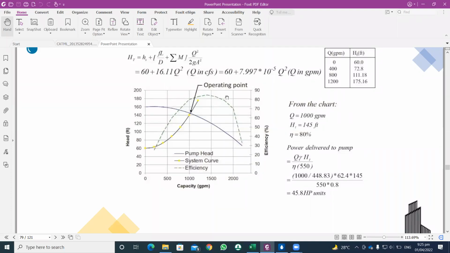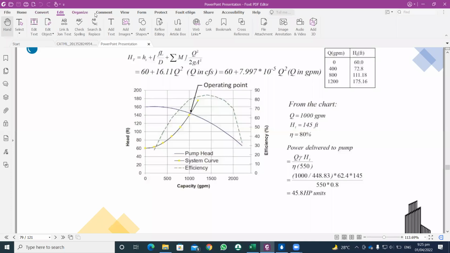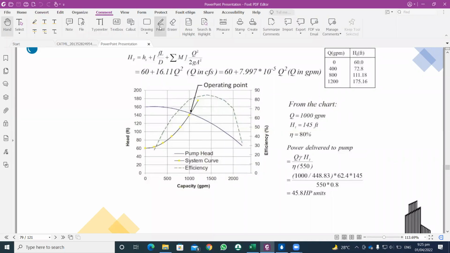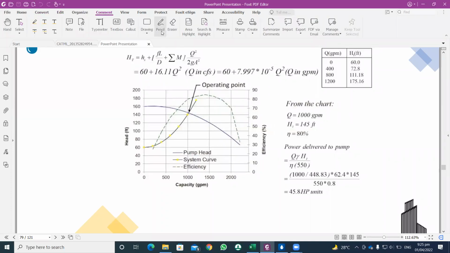Based on that you can calculate the efficiency of the curve as well. So just by projecting it to the x-axis, y-axis, and similarly to the y-axis on the right side, we get the efficiency.